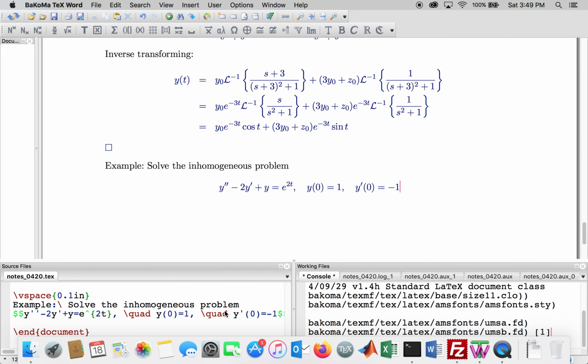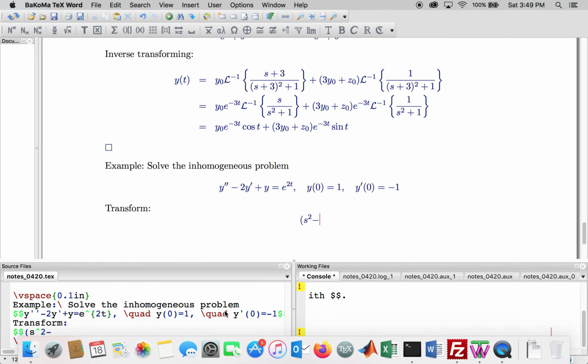Okay. So when you take the transform, you get s squared capital Y of s, minus the y prime value, so that's going to be plus 1, and then minus s times y of 0, so it's minus s right there.